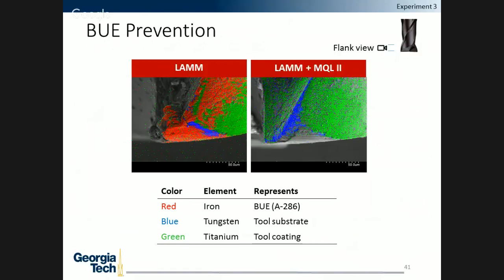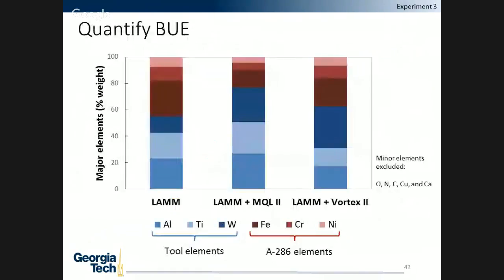Red represents the most dominant element in the built-up edge, which is iron. Blue represents the only element in the tool substrate, which is tungsten, and green represents the most dominant element of the tool coating, which is titanium. That last slide showed where the built-up edge was forming. This shows how much built-up edge is forming.